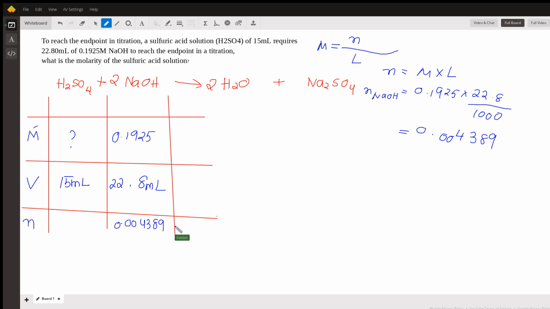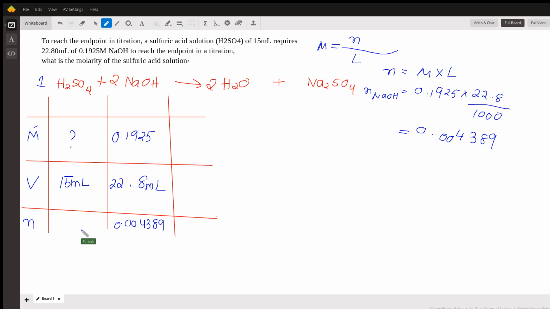Now, in the balanced equation, you can see that 2 sodium hydroxide require only 1 sulfuric acid. That means whatever the mole of sodium hydroxide is, you need just half of it for H2SO4.